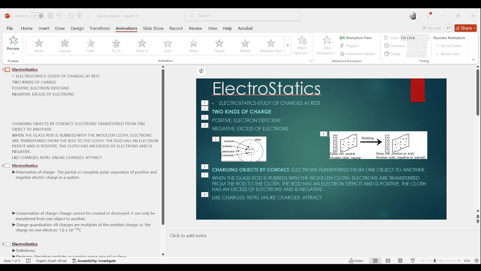So if you put two neutral objects together, Mahlatsi, what will happen? Sir, can you repeat again? If you put two neutral objects together in contact, what will happen? Not sure.